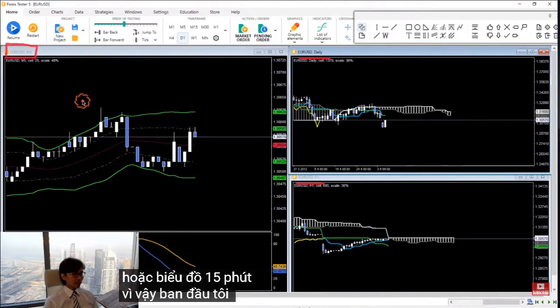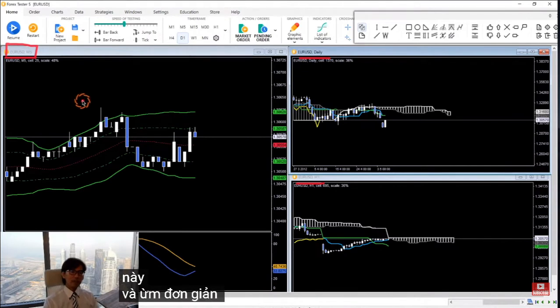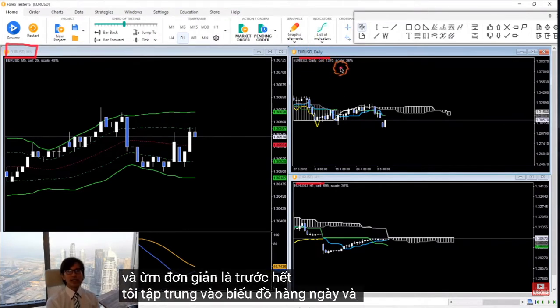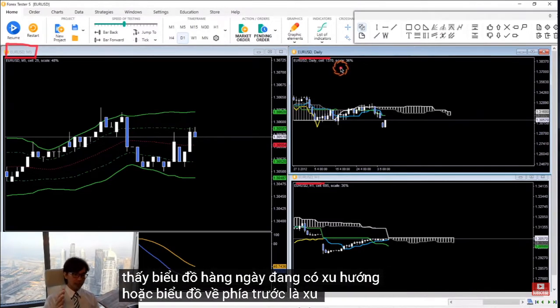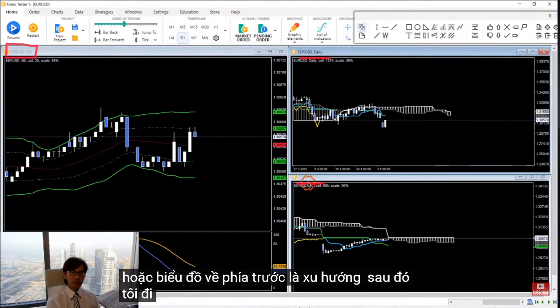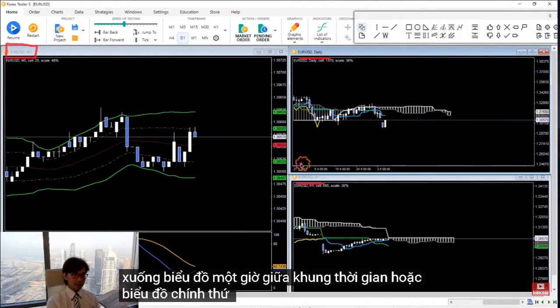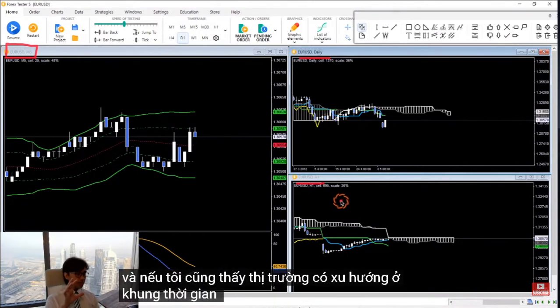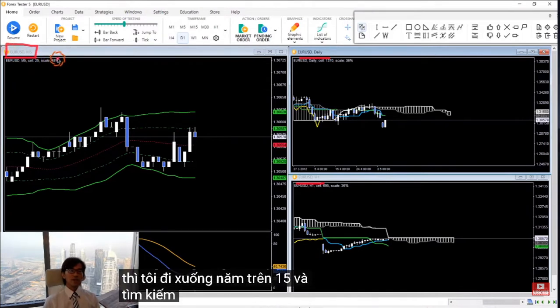Initially, I lay out the chart like this, and first of all, I focus on the daily chart, and once I see the daily chart or the 4-hour chart to be trending, then I go down to the mid time frame, 1 hour chart or the 30-minute chart, and if I also see a trending market on this mid time frame, then I go down to the 5 or 15 and look for an entry chance.